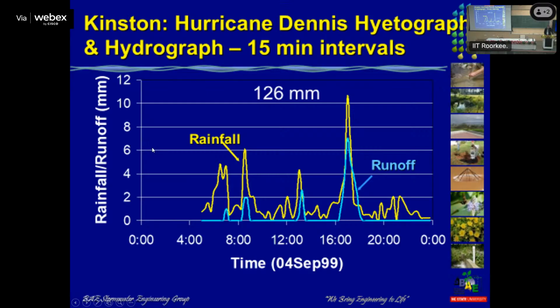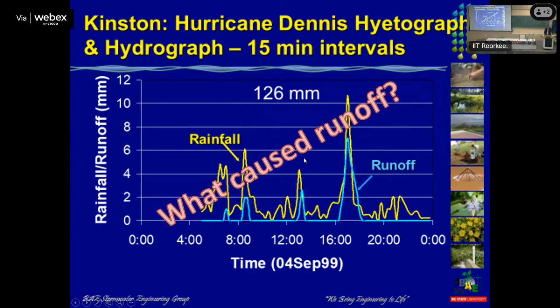So 6 times 4. This is a 24 millimeter per hour rainfall rate, and this is 24 millimeter per hour rainfall rate, and this is almost a 50 millimeter per hour rainfall. So it was the most intense rains that were causing or triggering runoff. All right, but that is necessarily because of the surface covering that we had.